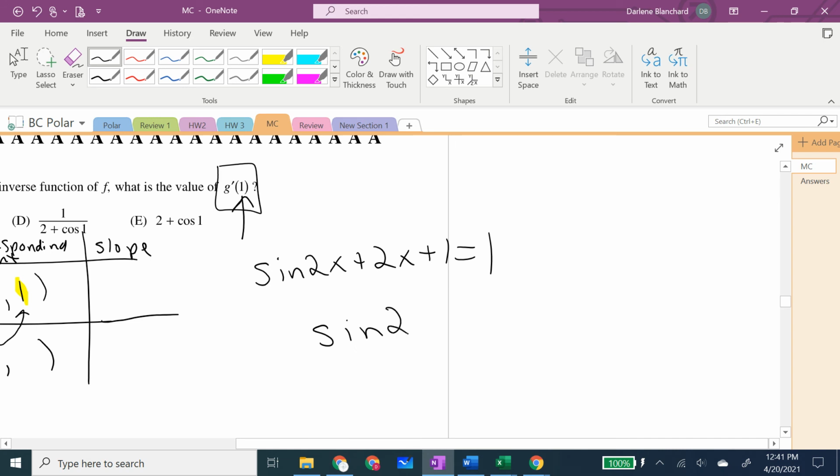Now, the ones subtract from each other. What you're expected to do next is be very, very familiar with the fact that sine of 0 is 0. If I plug in x equals 0, I will get 0.